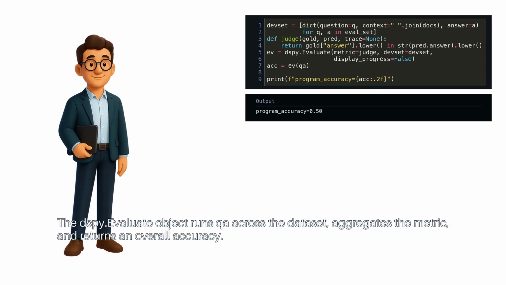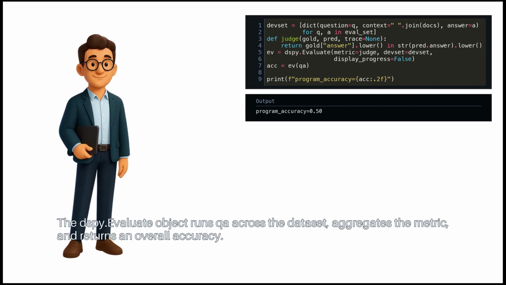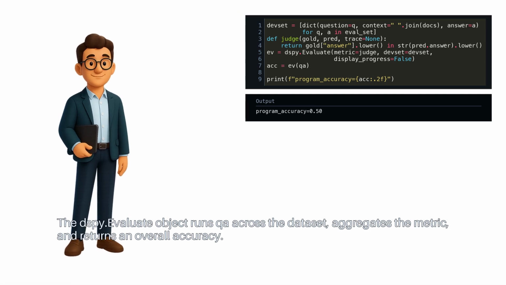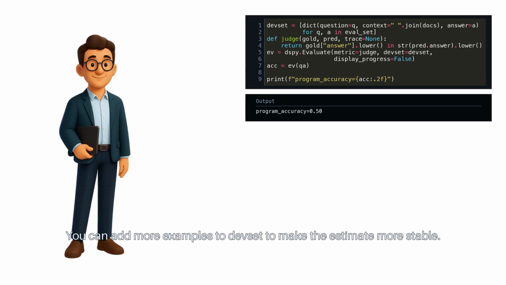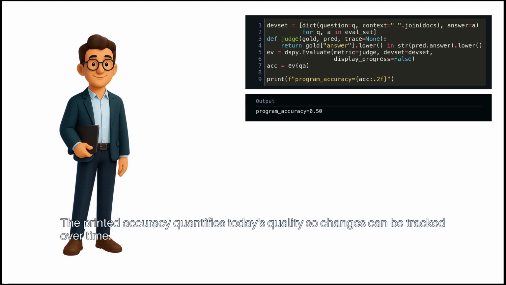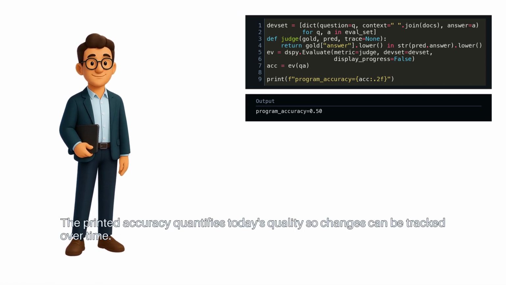The DSPy evaluate object runs QA across the dataset, aggregates the metric, and returns an overall accuracy. You can add more examples to dev set to make the estimate more stable. The printed accuracy quantifies today's quality, so changes can be tracked over time.